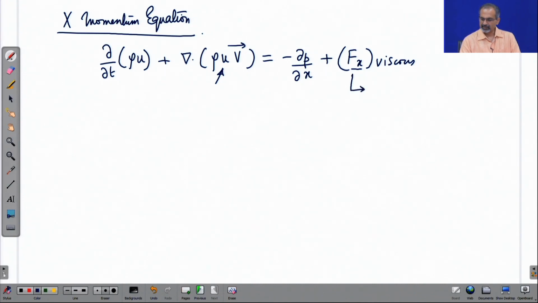Now, incidentally, for the x component of the momentum equation, it can be shown that this term, that is the f x underscore, can be represented in terms of spatial gradients of the normal and shear stresses that we discussed the other day.